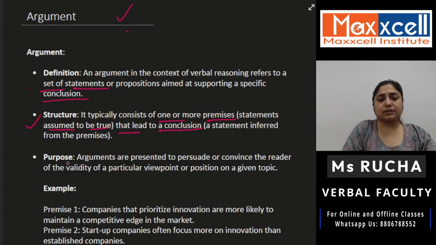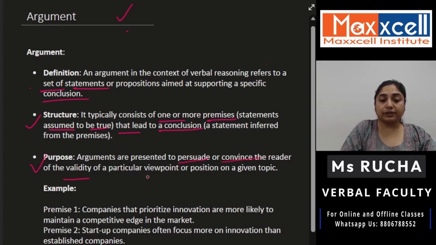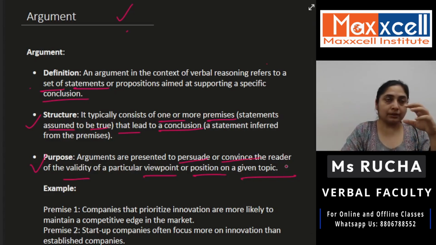Let us understand what the purpose of all this is. The purpose is to be able to persuade or convince the reader of the validity of a particular viewpoint or a position on a given topic. So let's say you have a certain understanding about a certain topic inside your mind, but you want to prove it to someone.